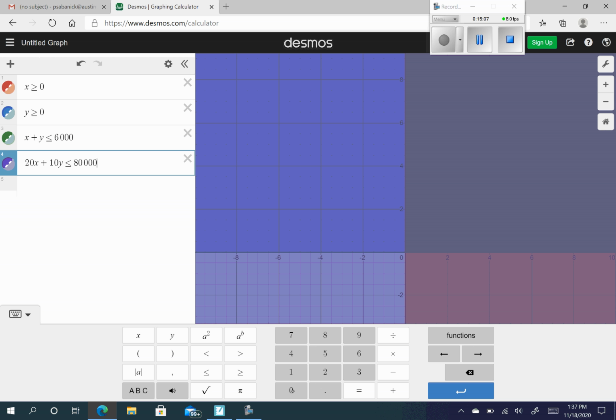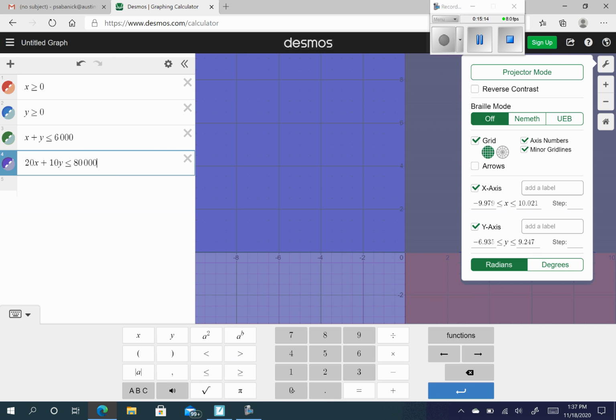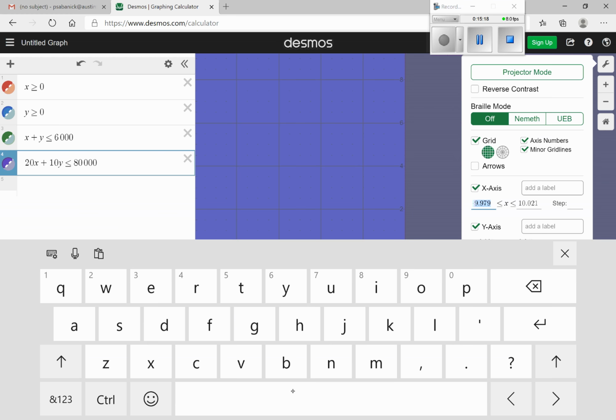All right, so what we want to do, if you go to this little tool in the upper right, go ahead and hit that. And right here at x-axis and y-axis, let's go ahead and make that a negative 1,000.